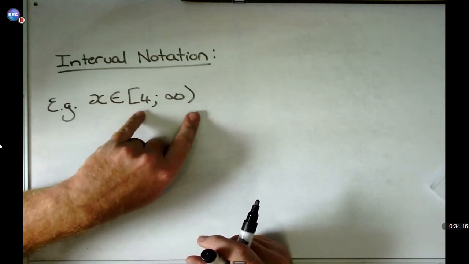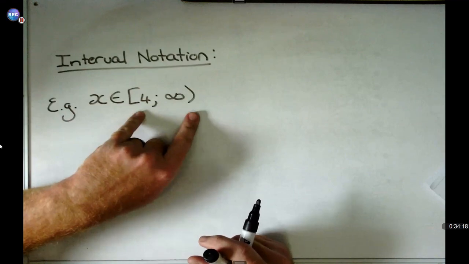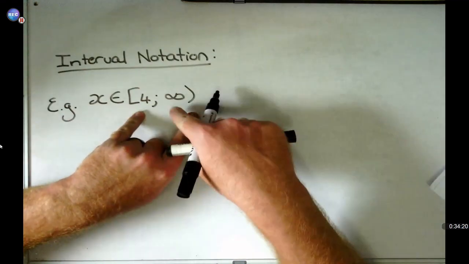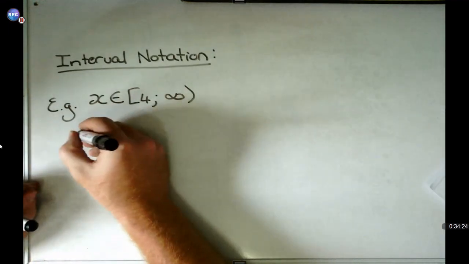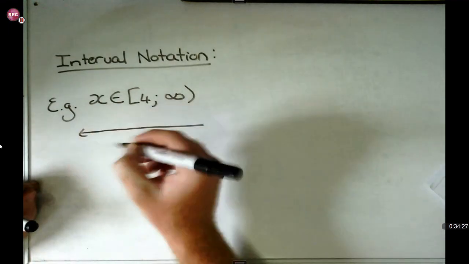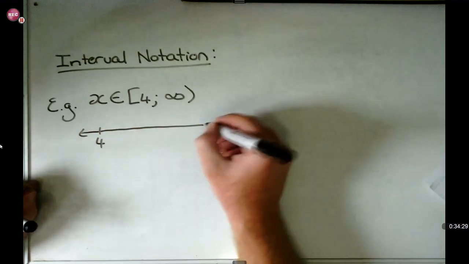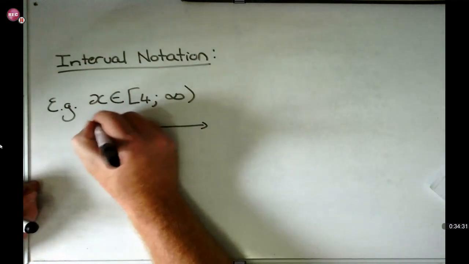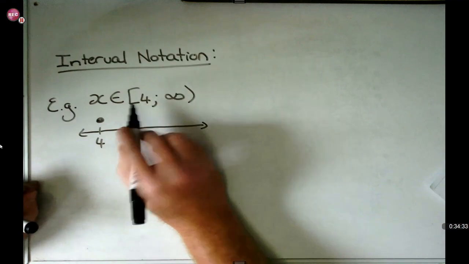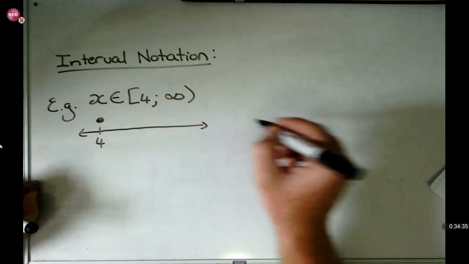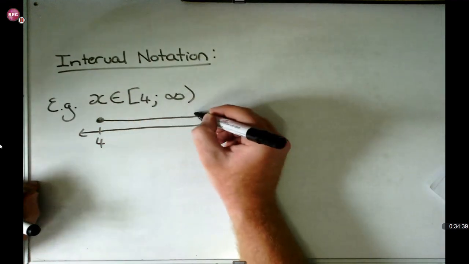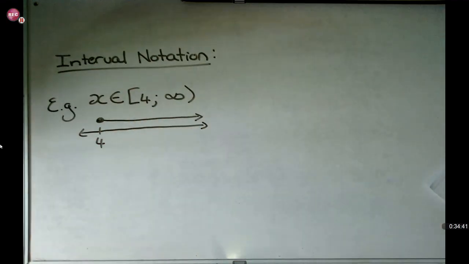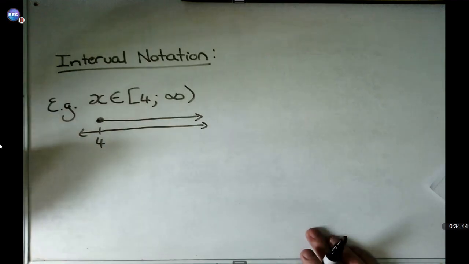So we're going to start with a black dot, a colored in dot. And infinity goes on forever. So the way that you would do this one is as follows. You draw your number line, you put in 4. Remember 4 is included because the bracket tells me that it is. And infinity goes on forever and it is not included. So from the dot, you draw a line with an arrow. And that's all you do.